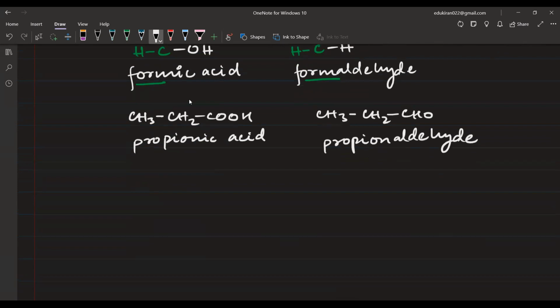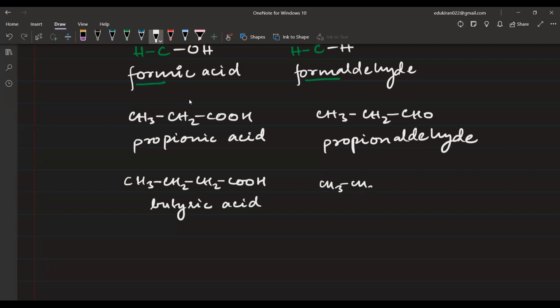Similarly, if you have 4 carbon atoms, this is known as butyric acid. This is butyraldehyde.